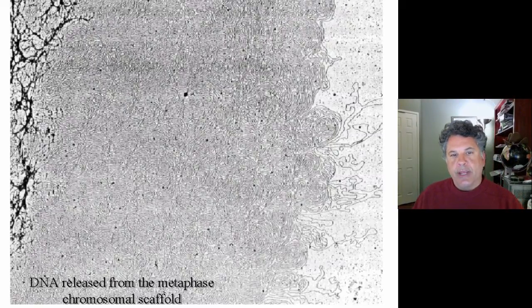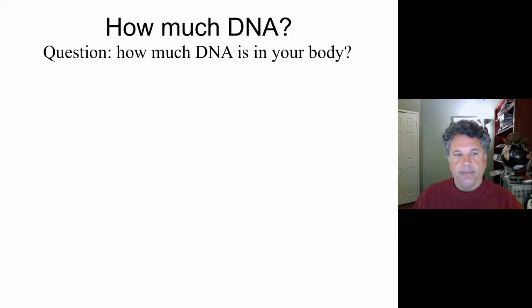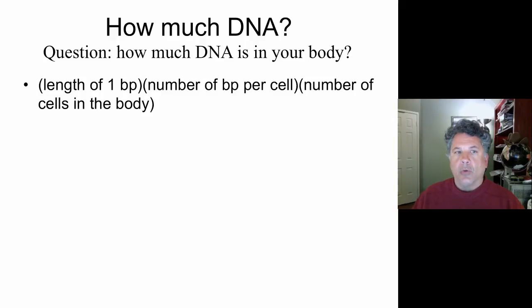So let's illustrate the packaging problem, if you will, by a simple calculation. Let's just ask, how much DNA is in your body? All right. So we want to know how long would all the molecules of DNA, if we could isolate every DNA molecule, every chromosome in every cell of your body and put it end to end, how long would that be?